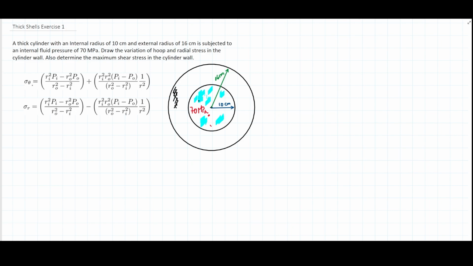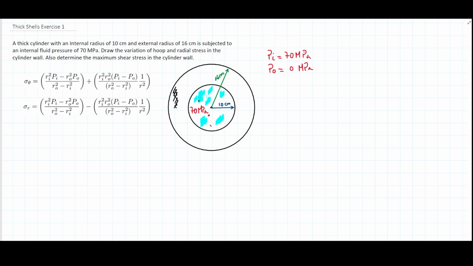If I take the first formula for the hoop stress, circumferential stress, every term that is associated with the outer pressure is going to be zero. The internal pressure, if I call it PI, equals 70 megapascals. The external pressure, PO, is 0 megapascals, because it's not referenced.